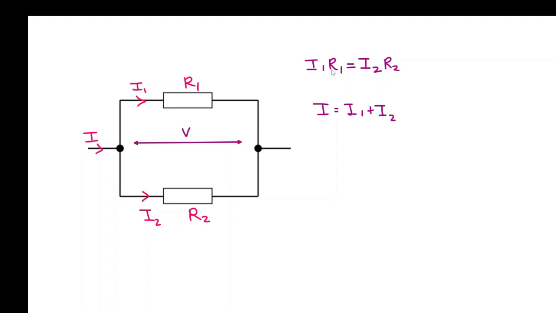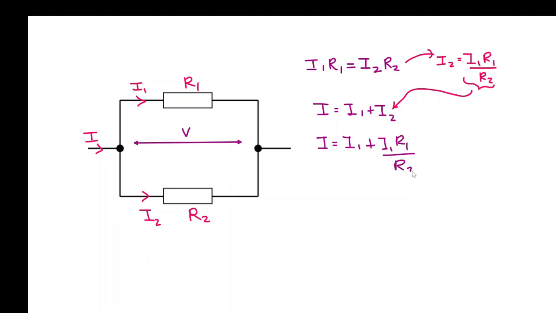Now from the first equation I'm going to make I2 the subject. So I can write from this one, I2 is equal to I1 R1 over R2. Now I'm going to substitute this for my I2. So I get capital I is equal to I1 plus I1 R1 over R2.